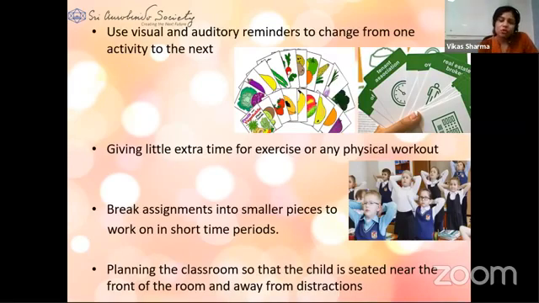Breaking the assignments into smaller pieces. That means if there is an assignment that we generally give to a typical child, he or she may be able to complete it in an hour's time. But if I talk about any child with special needs, teachers, then we know that this particular child for the same assignment may take double or triple the amount of time. So what is the reason?